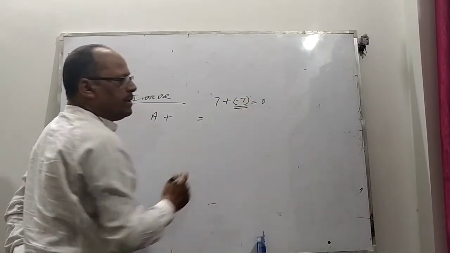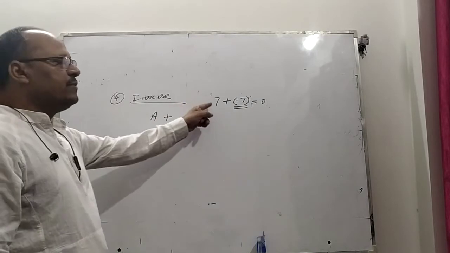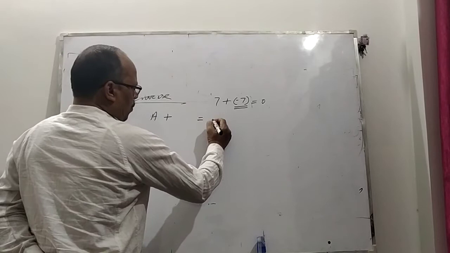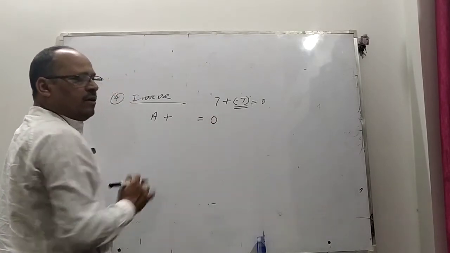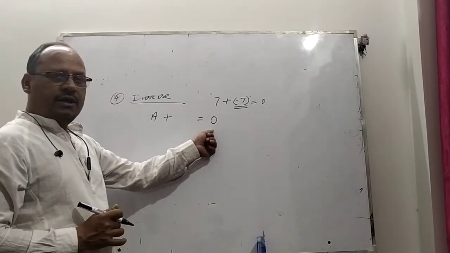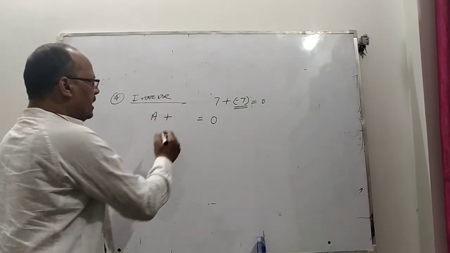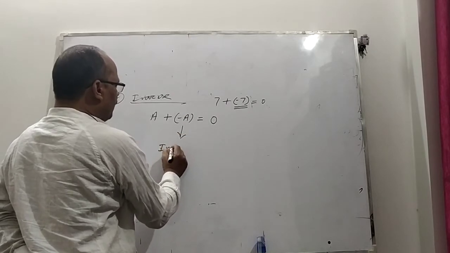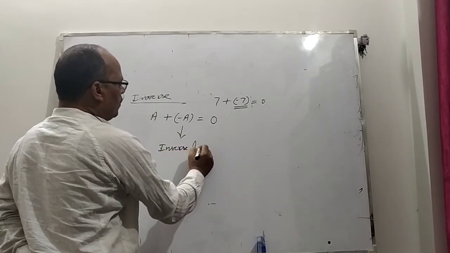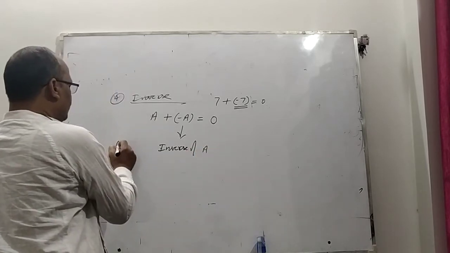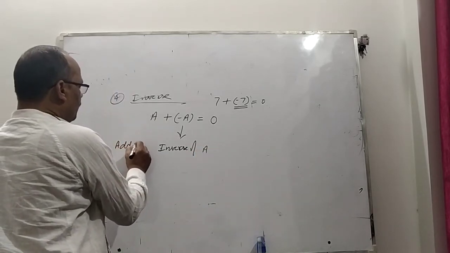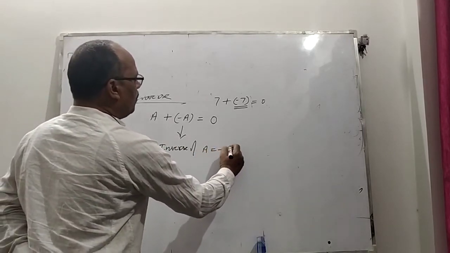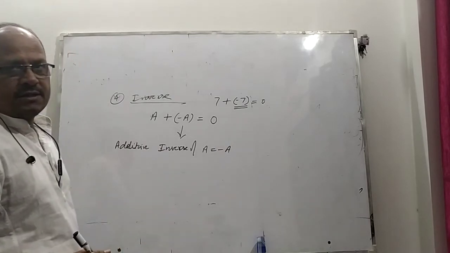So -7 is known as the inverse of 7. The same concept is here. What you add to the matrix to get the identity, which is the additive identity, the null matrix? You add -A, which is known as the additive inverse of A. The additive inverse of A equals -A, the negative of the matrix. This is clear?